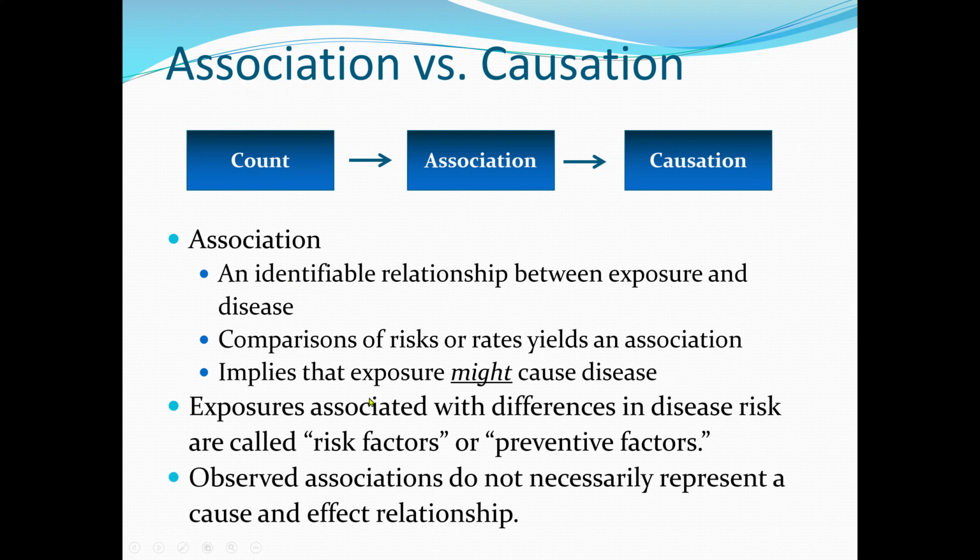It also implies that exposure might cause a disease. So exposures are associated with differences in disease risk, and these are called risk factors or preventive factors. Also, observed associations do not necessarily represent a cause and effect relationship.